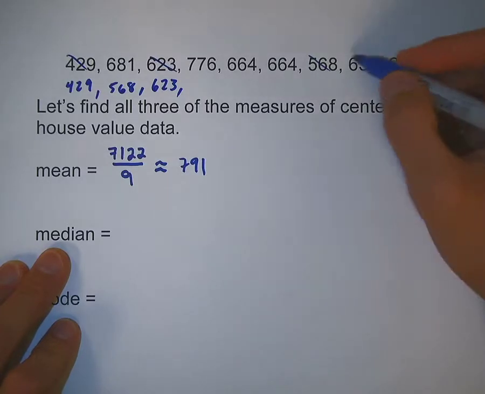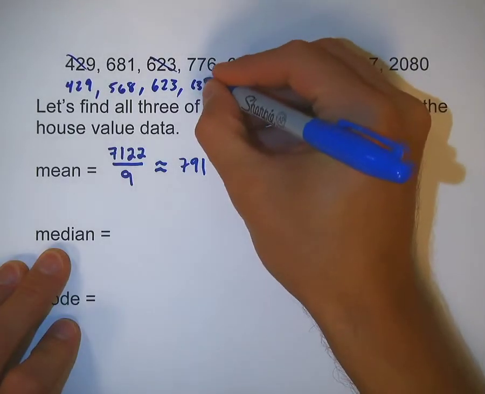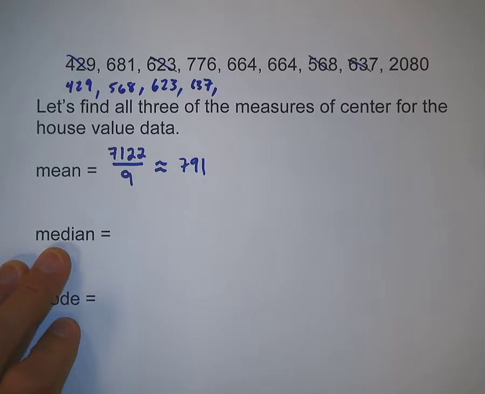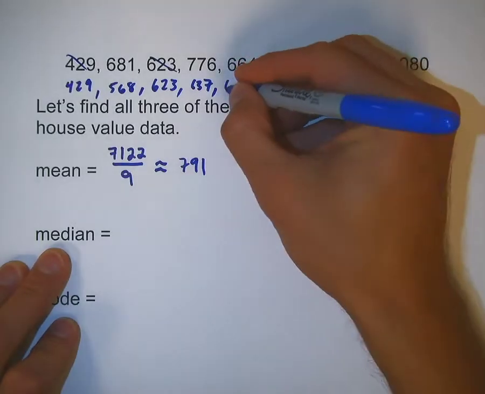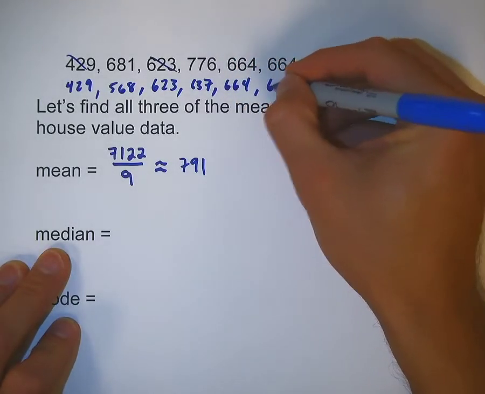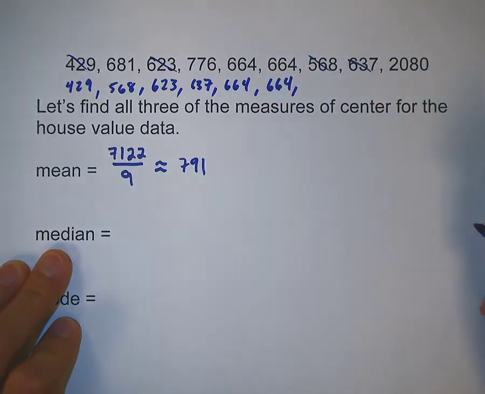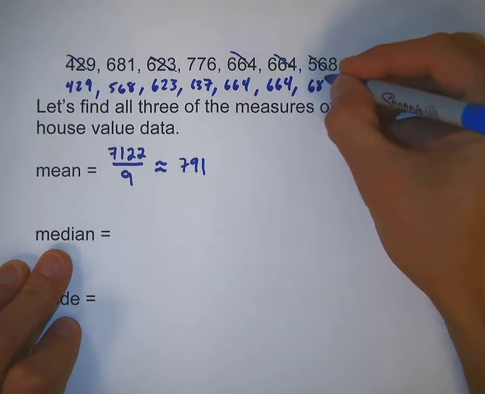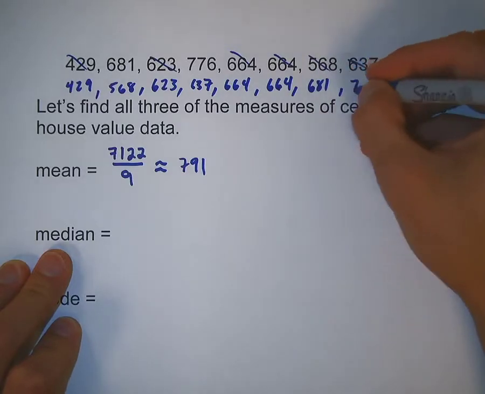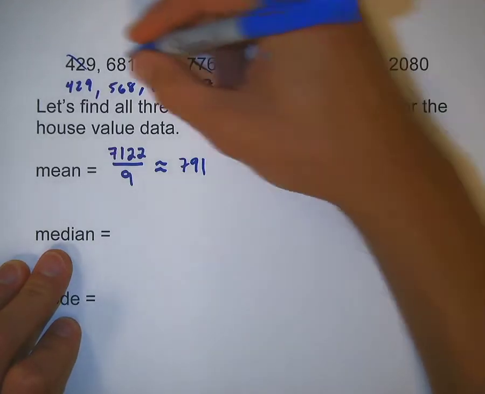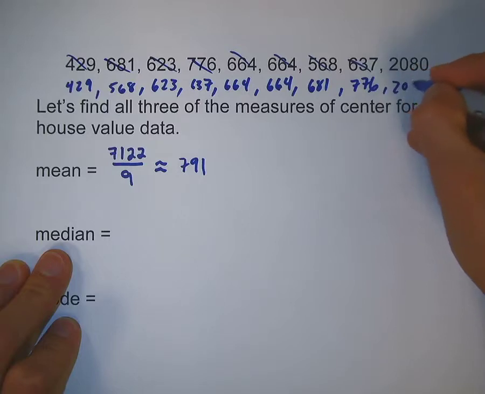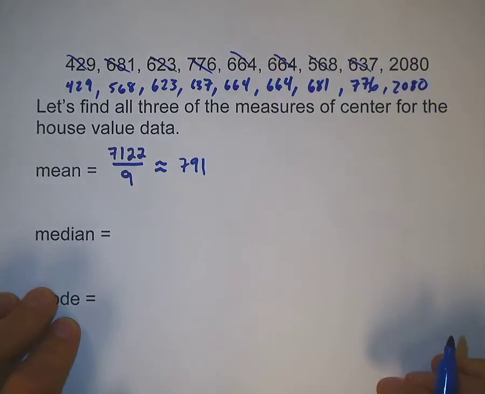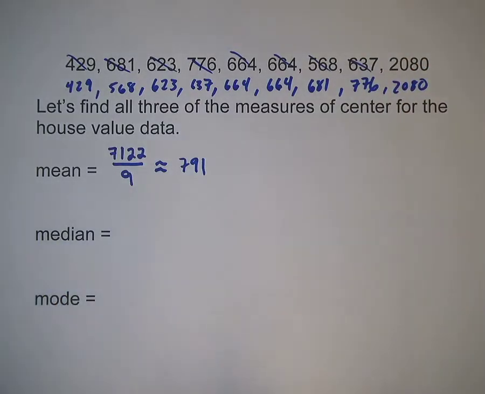Then 637, then 664, then 681, 776, and the big one, 2080.